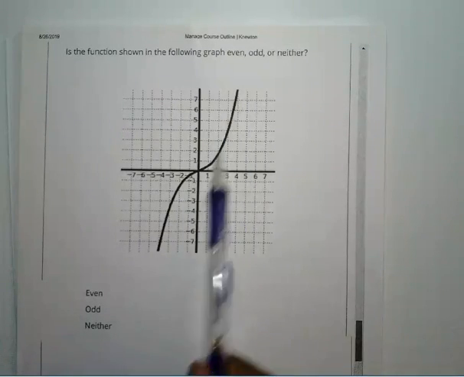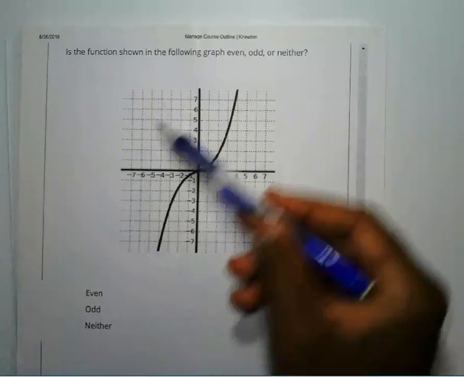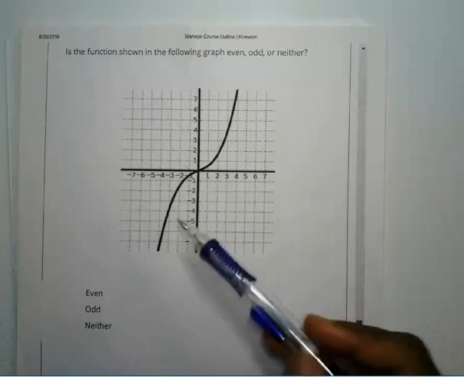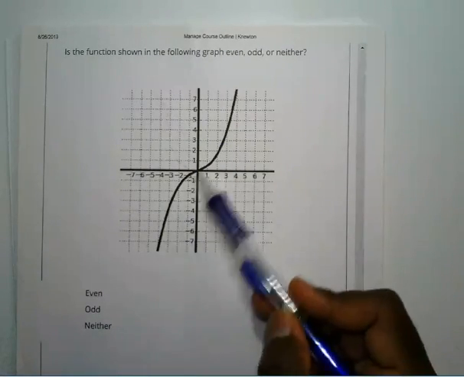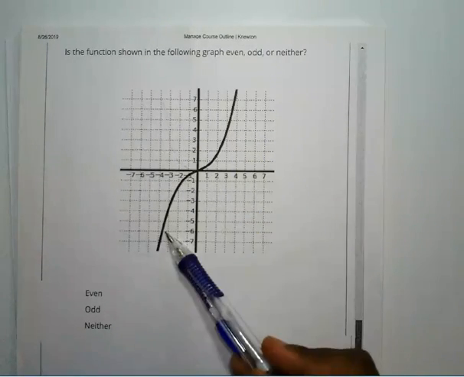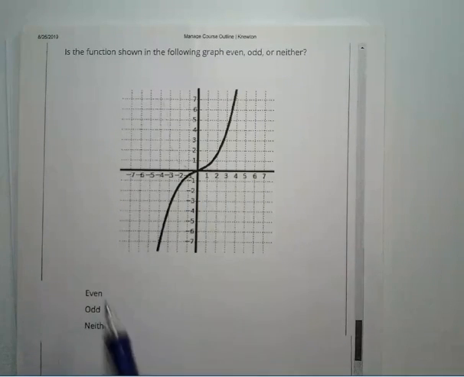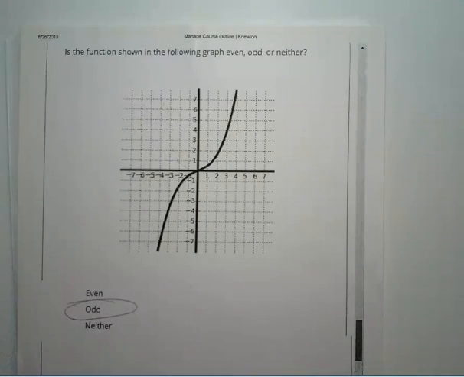But if you take this part of the graph, flip it over here, and then flip it again over the x-axis, you end up right where this graph is. So if you flip this portion across the y-axis, then again across the x-axis, that's how you know this is an odd function. So this is actually an odd graph.